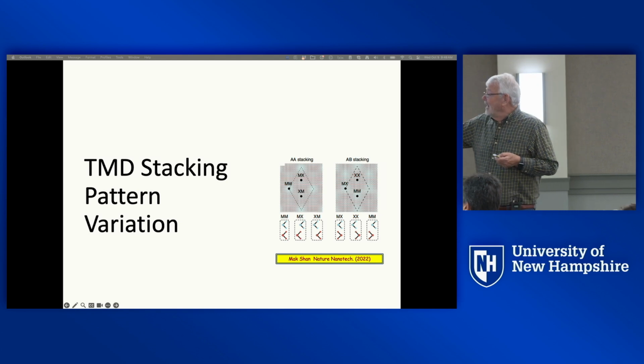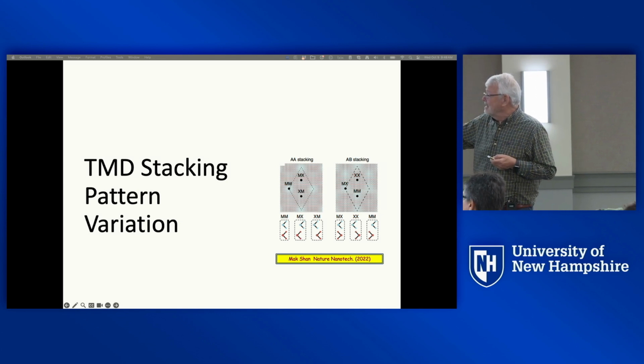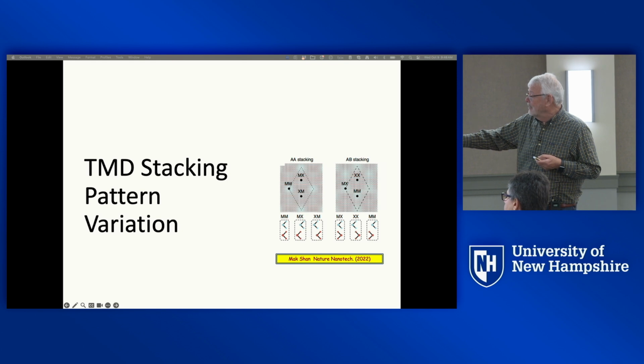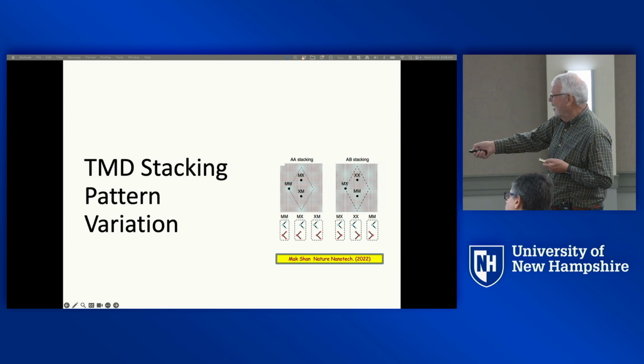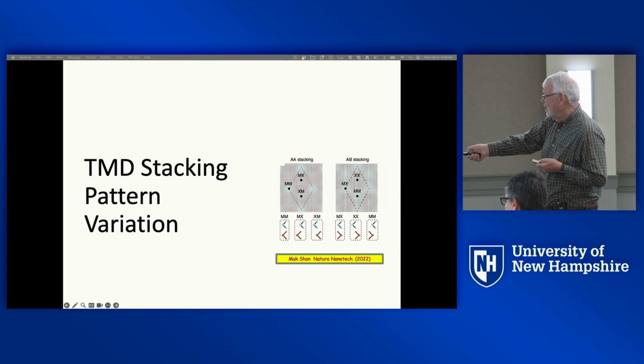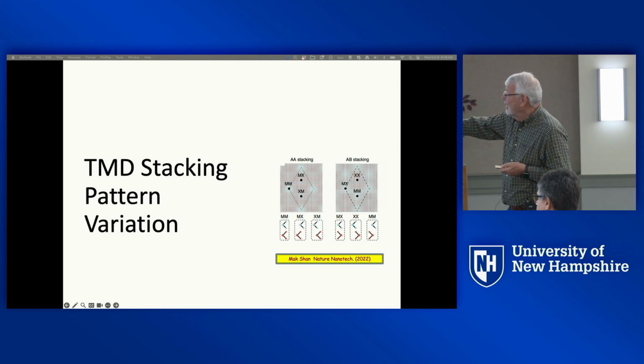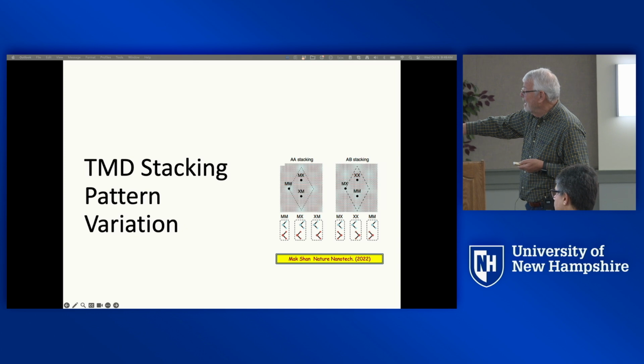And so this occurs. This is the structure of the TMDs without inversion symmetry that I mentioned to you. This is from an illustration I like very much, from a nice review article by Fu and Gu, and it shows the local stacking of these TMDs.